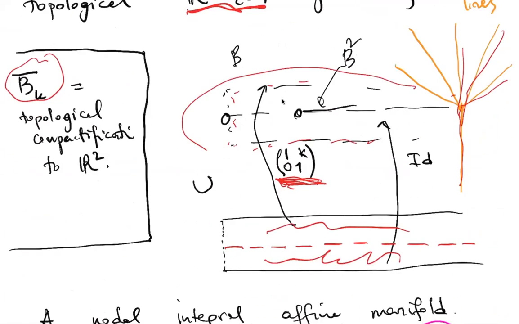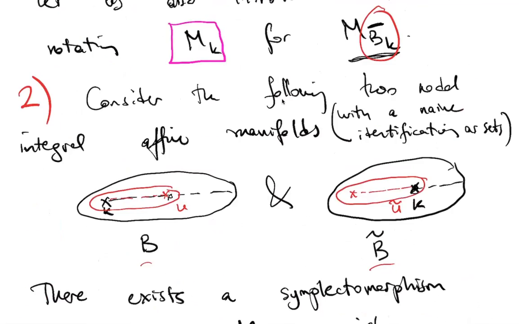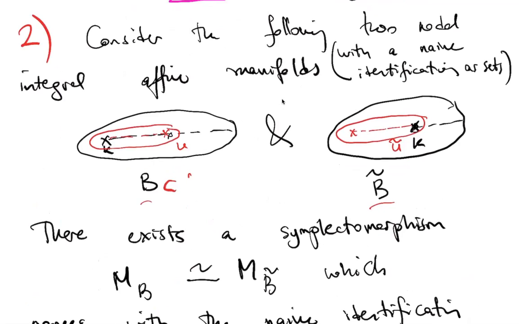So this is a subset of B bar K, and this B tilde is not a subset of B bar K, but it's a subset of B bar K with this node that I make moved towards the right along the ray that I chose, the branch ray that I chose, by some arbitrary amount.